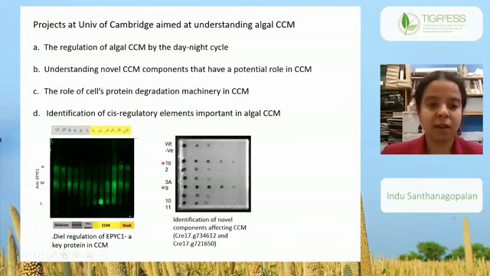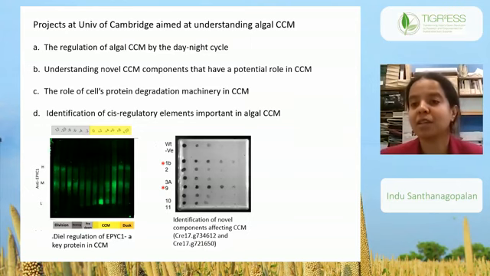So shown here, I have some snapshots from the kind of experiments that we carry out in lab. So here, what I have is a Western blot of a gel wherein we have this key protein trapped in its different phosphorylated forms.